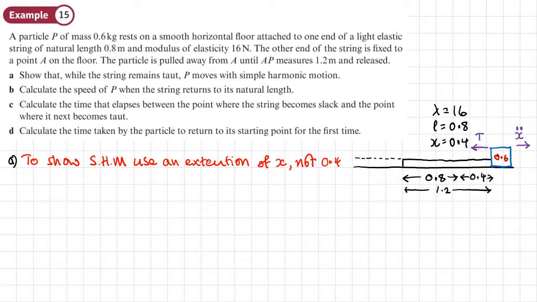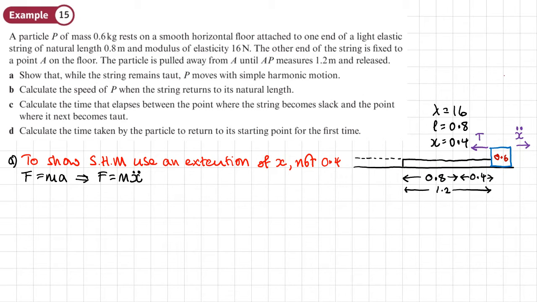So we start with F is equal to MA. Now we write that as F is equal to M times the acceleration, which is x written with 2 dots. And we'll take the direction to the left.